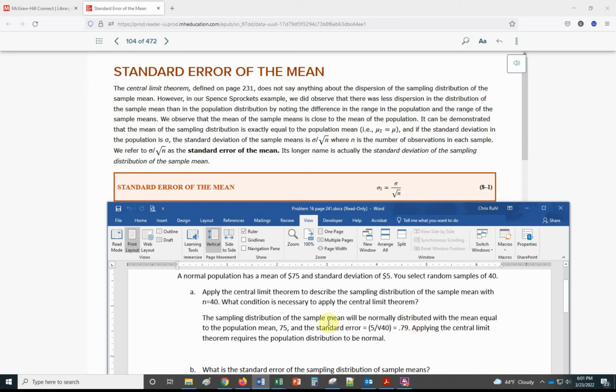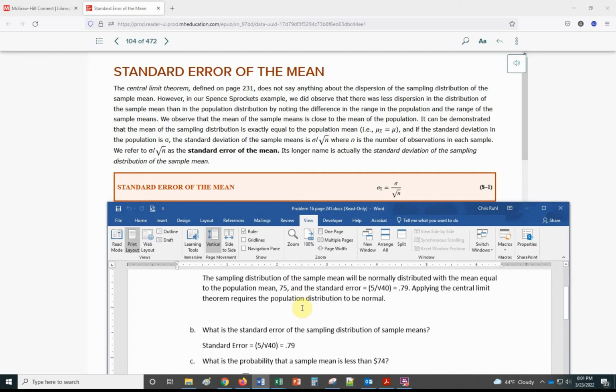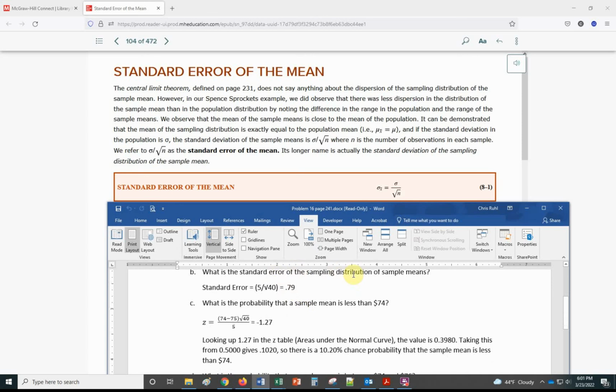So that's our standard error because of our sample size and our standard deviation. We said earlier, you have to know the standard deviation to be able to do this. All right, so what is the standard error of the sampling distribution of sample means? Standard error is 5 divided by the square root of 40, 0.79.